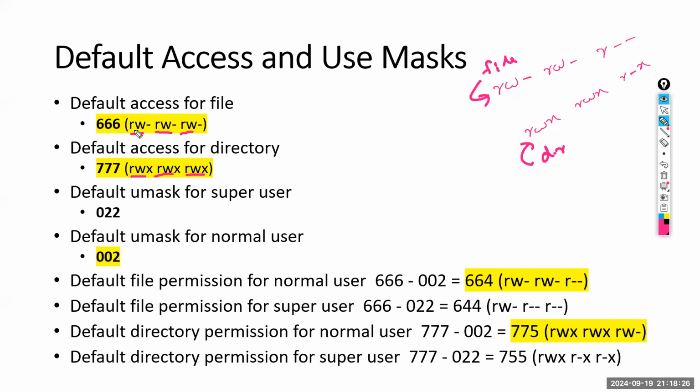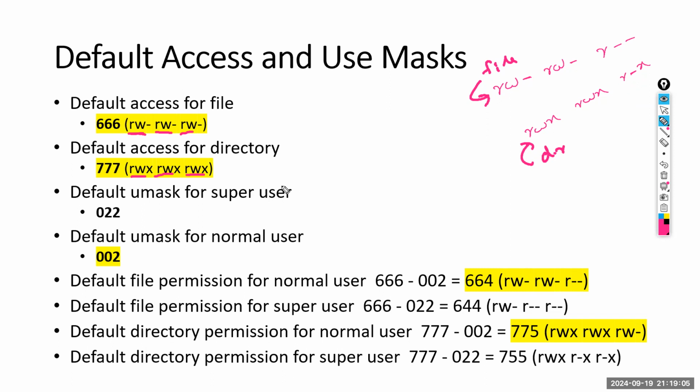So if you don't have a user mask, if you create a file, it must be rw-, rw-, rw-. But when I create a file, it is rw-, rw-, r--. If I don't have a user mask, a directory must be rwx, rwx, rwx. But what I got is rwx, rwx, r-x.